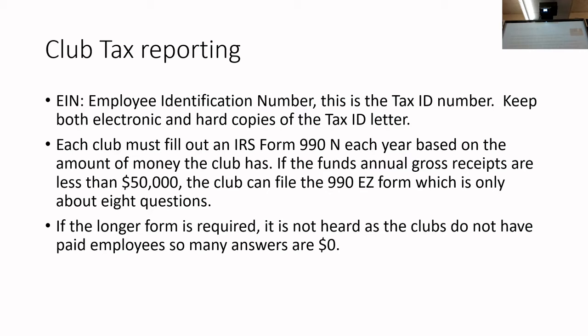As the past district treasurer, I've had to fill out the long form. Many of the questions don't apply to the Lions Club because we don't have paid members, so many things are zero. Really where you get into it is some of your activities. You have to add those together and identify those.